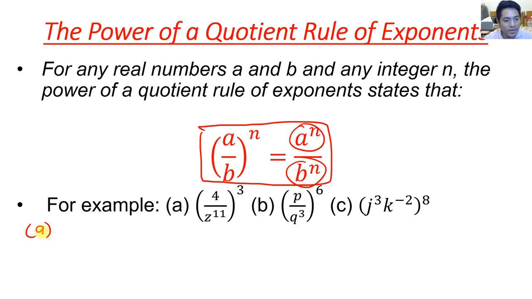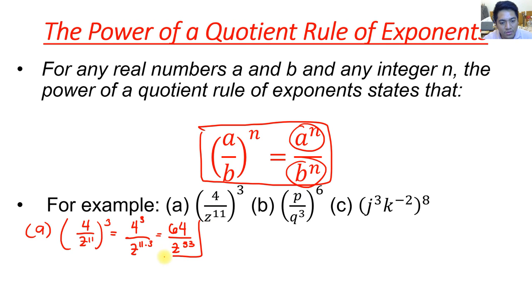So for example, you have (4 all over z raised to 11) cubed. This will be distributed both to the numerator and to the denominator. So you have 4 cubed all over z raised to 11 times 3. 4 cubed: 4 times 4 is 16, times 4 is 64, all over z raised to 33.